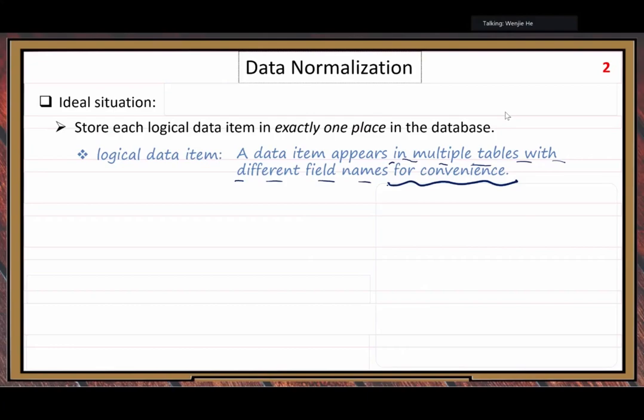People like an easy, faster way to access that part of the data. So there is some reason to use multiple copies of one logical data item.